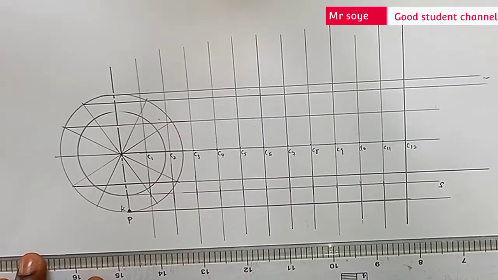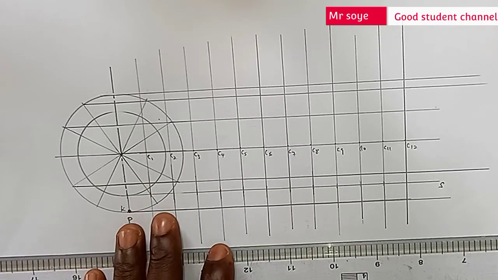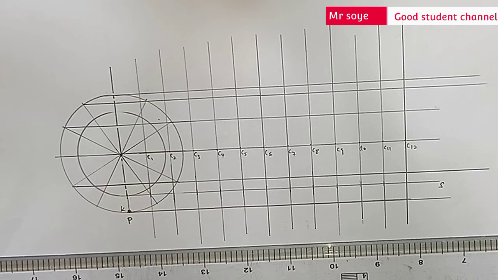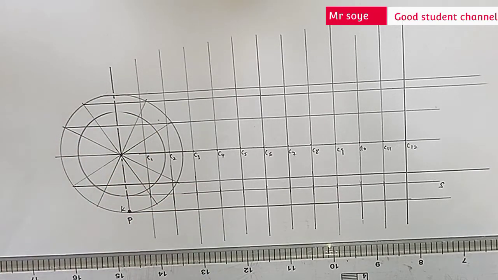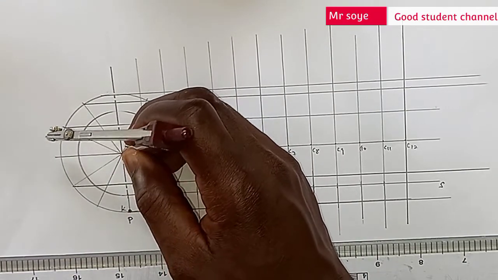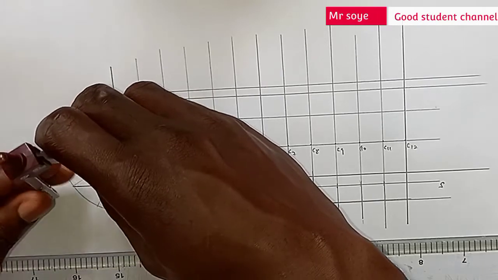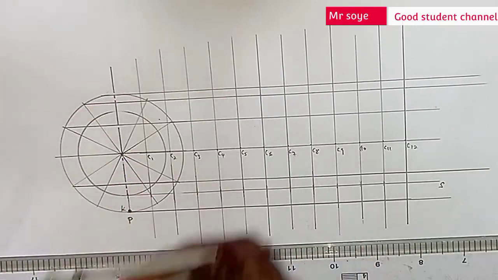All right. So now, having looked at these centers, we extend our compass to the radius of the generating cycle, which is 35. Then we put it at the center and mark each line.